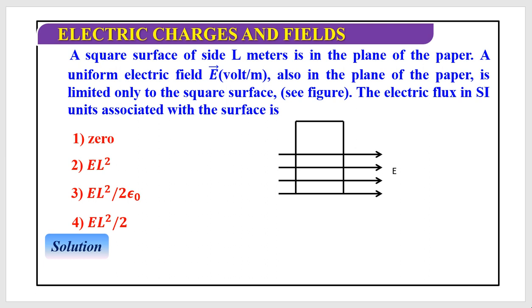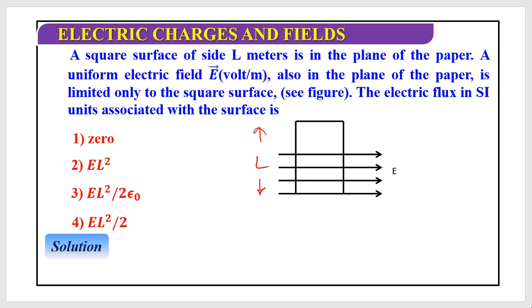Read it. What they have given is a square frame having side L meters, in the plane of the paper. It is in the same plane where your paper is, and the uniform electric field is also in the plane of the paper, limited only to the square surface. Find the electric flux in SI unit associated with the surface.